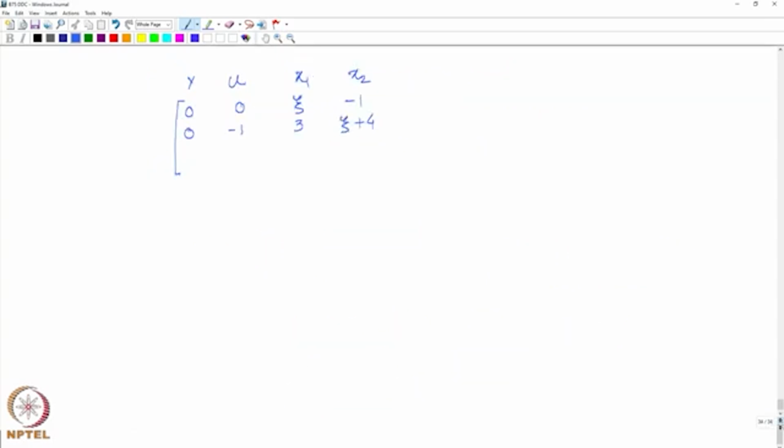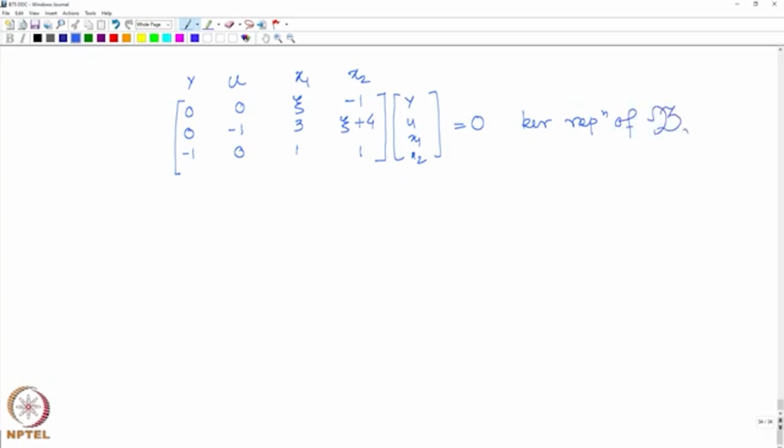This is the equation. Now, finally, we have y is equal to the sum of x1 and x2. So this is my equation: [y, u, x1, x2] is equal to 0. So this is a kernel representation for the full behavior.